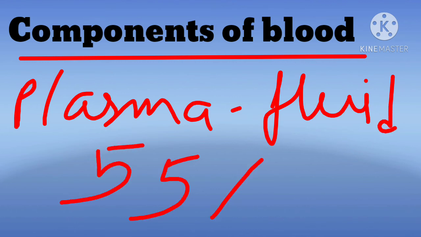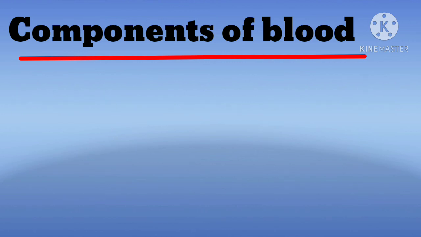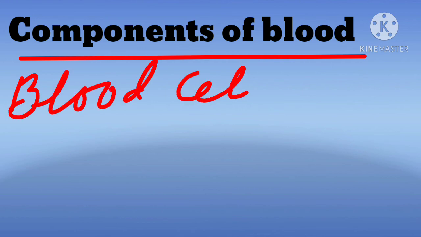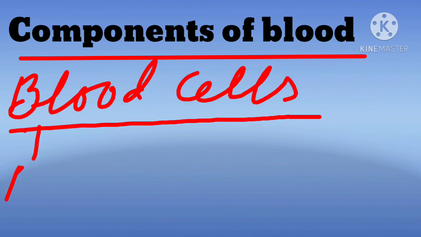It is about 55% of the total volume of the blood, right? Students, the main role of plasma is to take nutrients, hormones, protein, etc. to the body parts that need them. Cells also put their waste products into the plasma, right? This is the function of plasma.